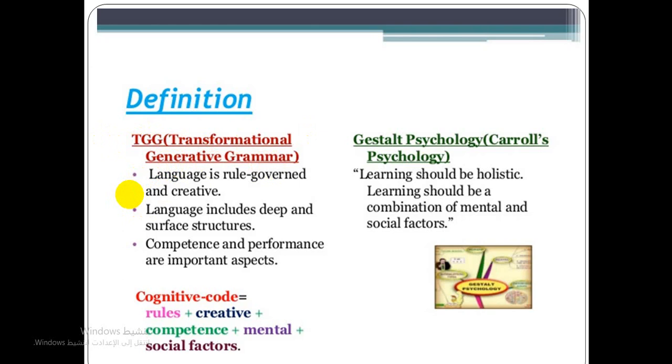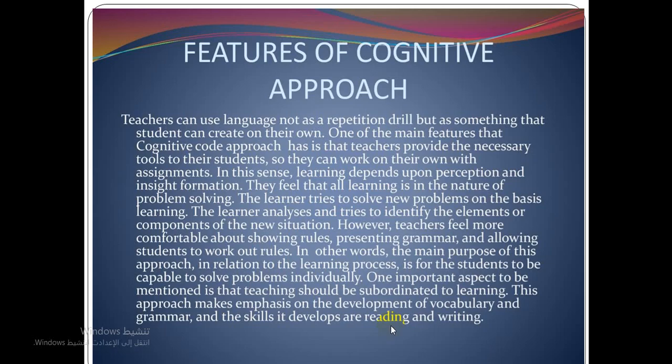Language includes deep and surface structure. Competence and performance are important aspects. According to Carroll's psychology, learning should be holistic. Learning should be a combination of mental and social factors. So, cognitive code equals rules, creativity, competence, and mental and social factors.